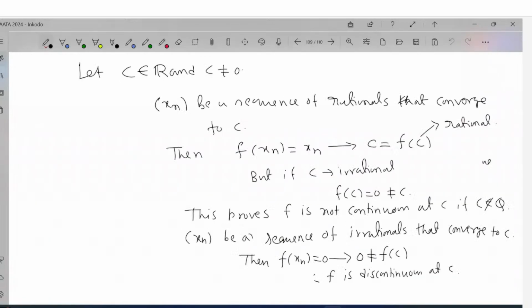So let c belong to R and c not equal to 0, as we already discussed. If you consider a sequence of rationals that converges to the point c, then f(x) converges to c only. But if we have a sequence of irrationals, it will converge to 0 basically. So that means the limit supremum and limit infimum at the point will be different, because c is not equal to 0.